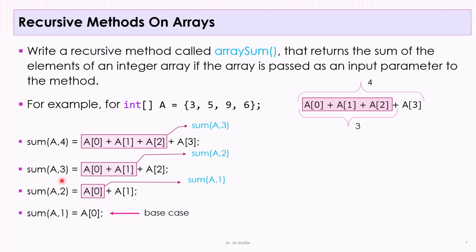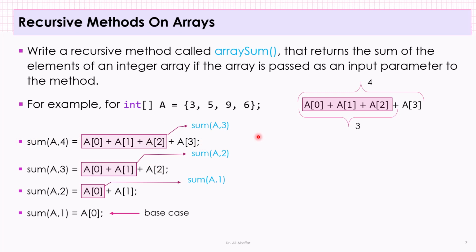And now for sum A3, replace the return value of sum A2, and the return value for sum A2 is A0 plus A1. So substitute it back, and in fact for sum A3, you are adding A0 plus A1 plus A2. And finally, replace the return value from sum A3, which is A0 plus A1 plus A2, and then add it with A3, and in fact you are adding the whole elements of the array.